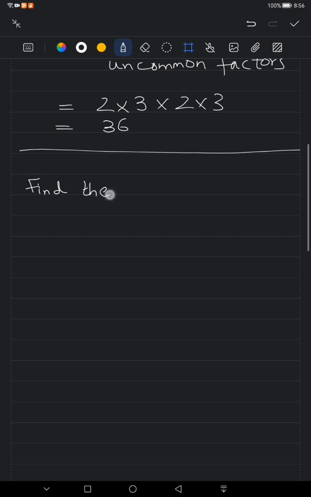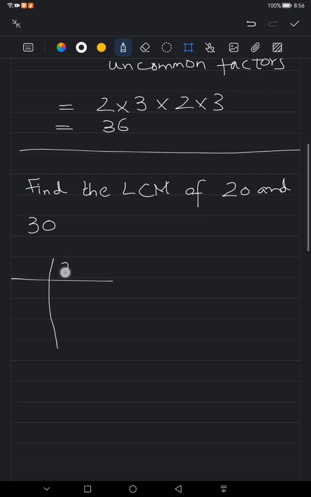Find the LCM of 20 and 30. Let's do the prime factorization of 20 and 30. 20 is even number, so I'm going to divide it by 2.